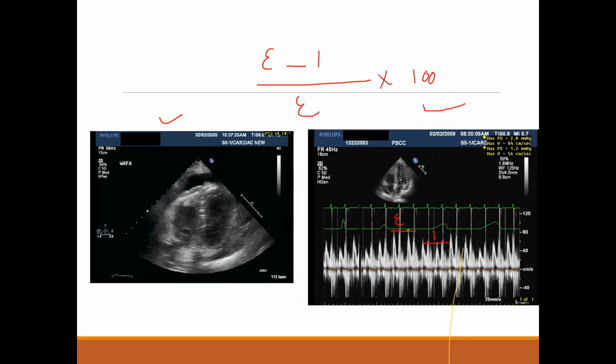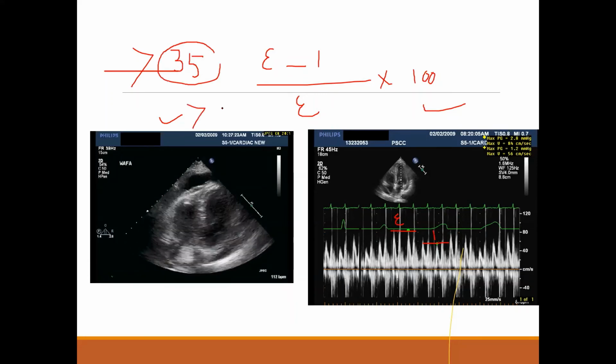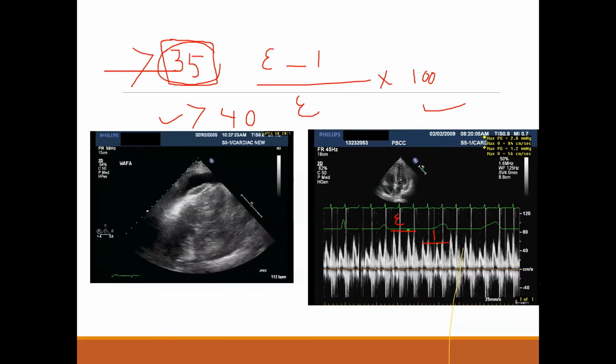I have to get a value, because if this value is more than 35, 40 percent in the mitral, and more than 40 in the tricuspid, that is suggestive of tamponade. Okay, are we sure about 35 or is it 25? It was 25. Yeah, more than 25, but usually now we have reached 35 and so on. Okay, this is important.